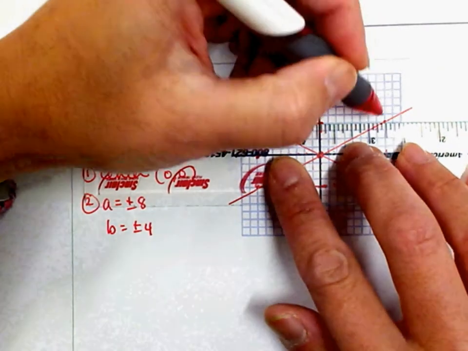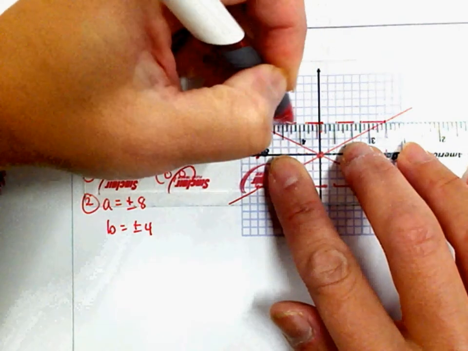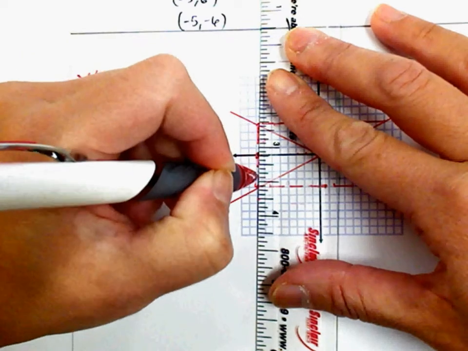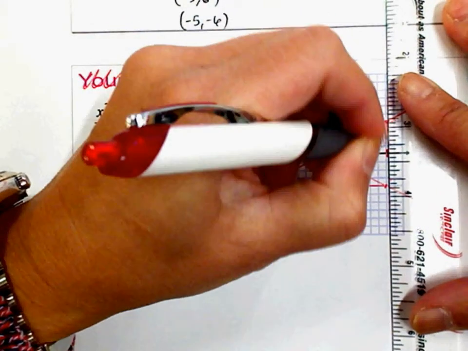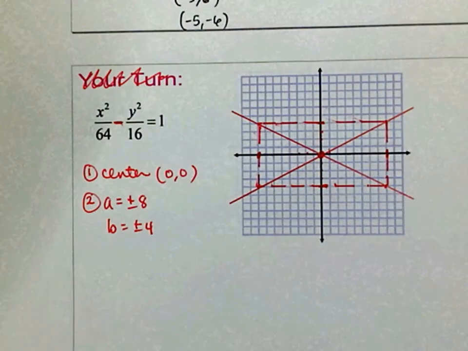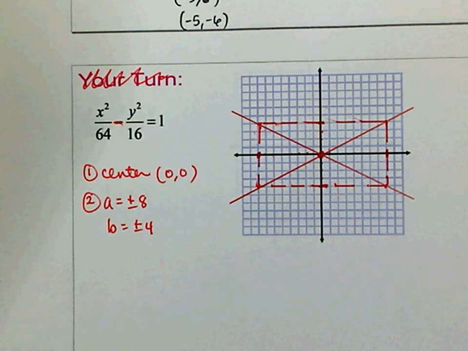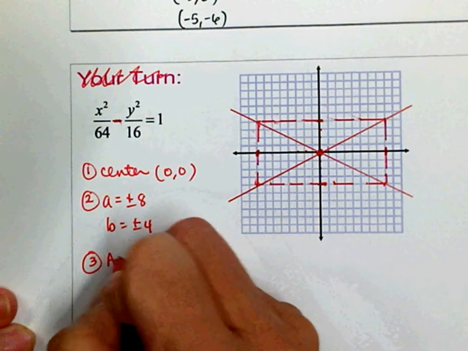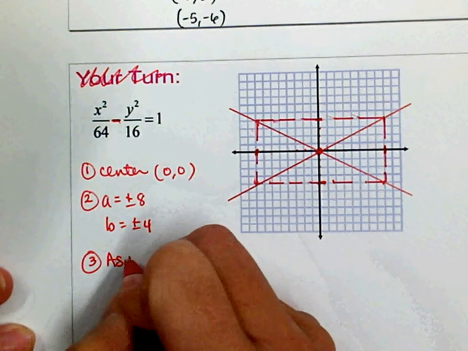I wish I had not drawn the asymptote. So I'm going to teach you guys using your ellipse. After your fundamental rectangles.